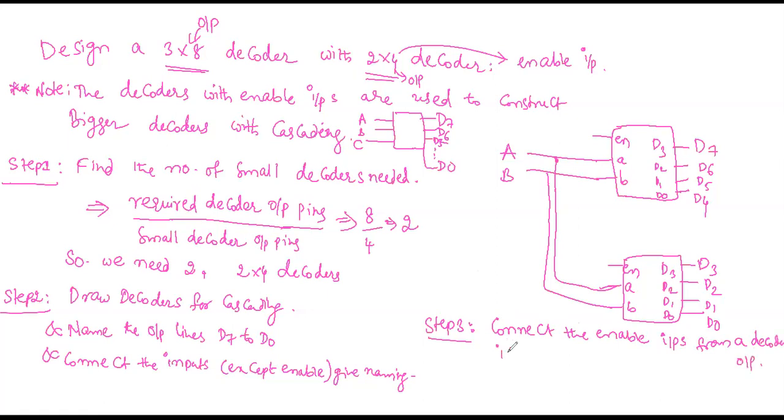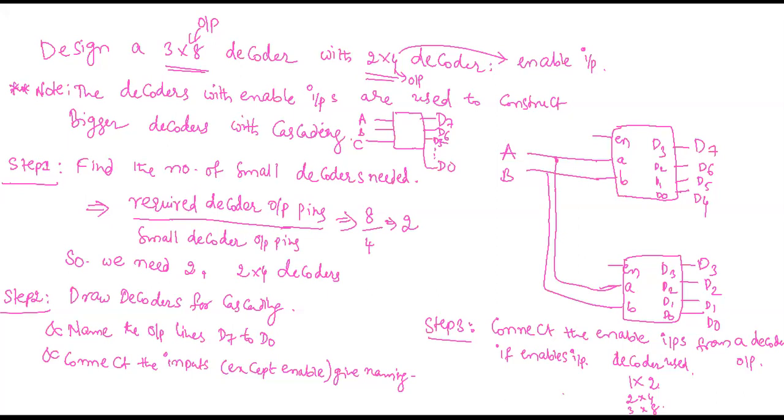If enable input is 1, use decoder 1 by 2. If enable inputs are 2, use 2 by 4. If enable input is 3, use 3 by 8 decoder for the third input. See, connect the enable inputs from a decoder. If enable input is, okay, wait.